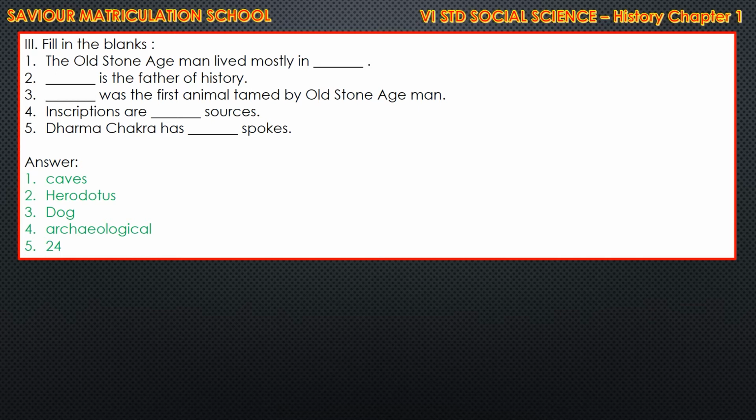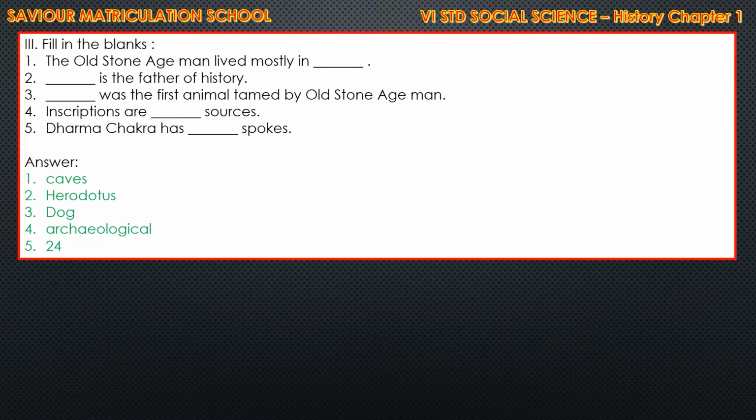Fourth one. Inscriptions or dash sources. Inscriptions or archaeological sources. The answer is archaeological. Fifth one. Dharma Chakra has dash spokes. Children, have you seen our national flag? How many colors are there in our national flag? 3 colors.